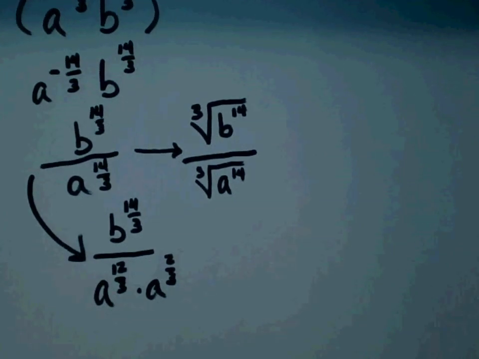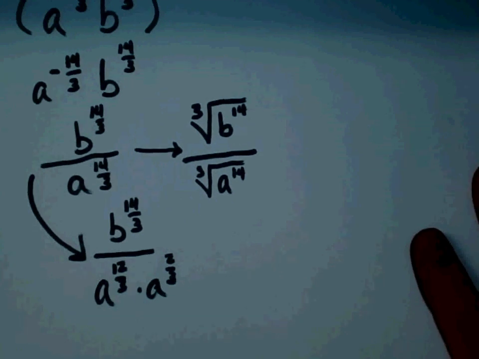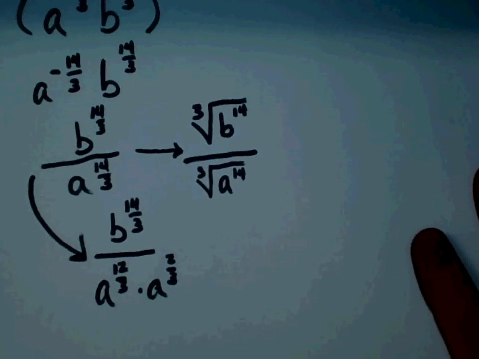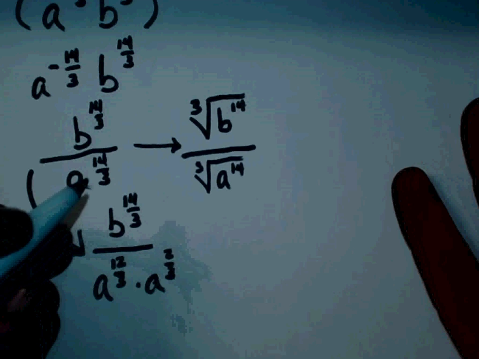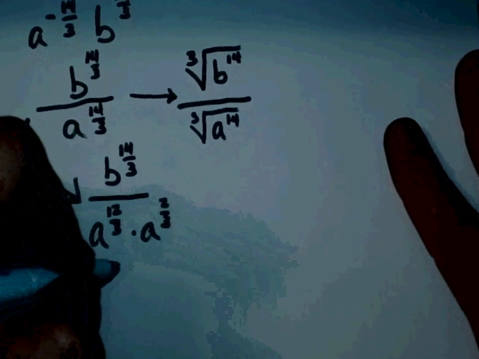Y'all agree with that? And so what does 12 over 3 become? It becomes 4, right? Because 12 over 3 reduces down to 4.